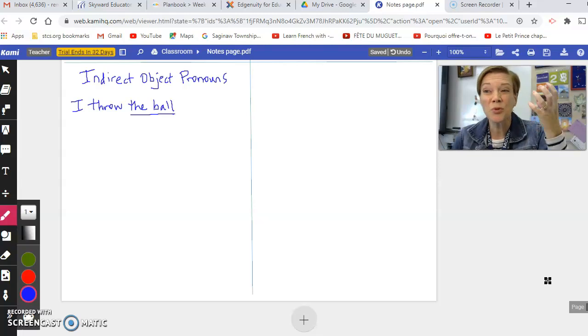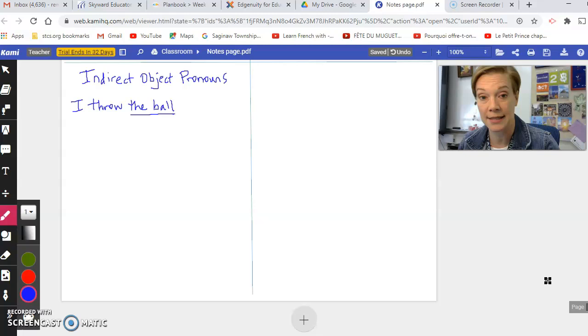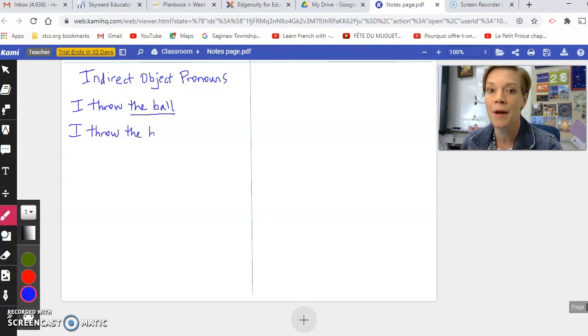And I am directly throwing the ball because I take the ball in my hand and I throw it directly. The ball receives the action. The ball gets thrown. But here's an example of an indirect object. Same beginning. I throw the ball to Mark.